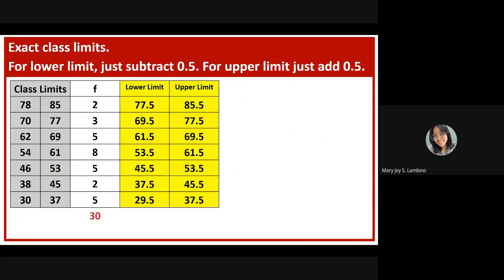As represented, to complete the table, we have the lower limits of 29.5, 37.5, 45.5, 53.5, 61.5, 69.5, and 77.5. While in the upper limit, 37.5, 45.5, 53.5, 61.5, 69.5, 77.5, and 85.5.